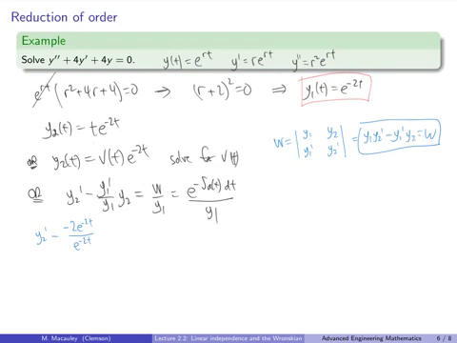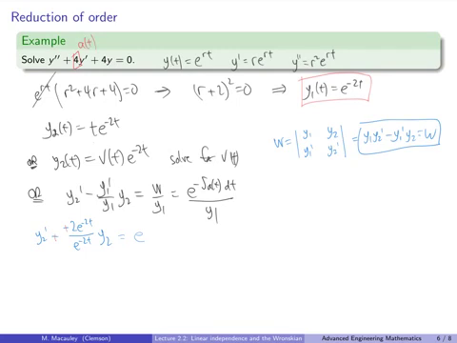Right away, let's just make this minus minus plus plus. And we have y2. And then on the right-hand side, we have e to the negative integral of a of t. What's a of t? That's this.